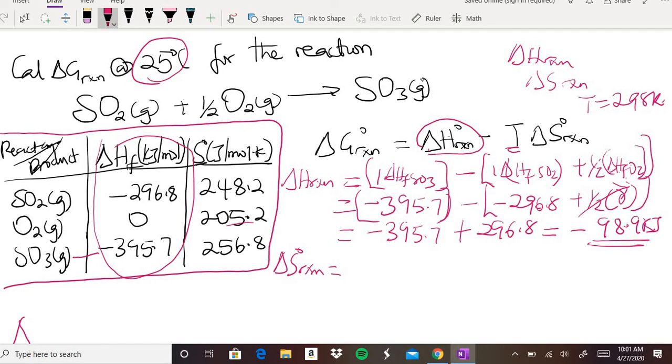For SO3, the entropy is 256.8, minus, for the reactants, 248.2 for SO2 plus half of oxygen. Our oxygen here is 205.2.